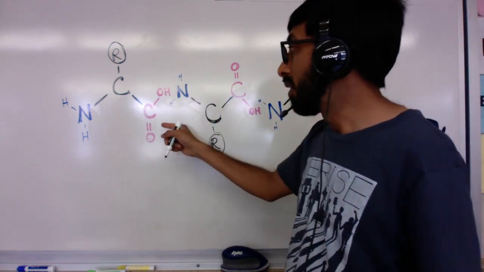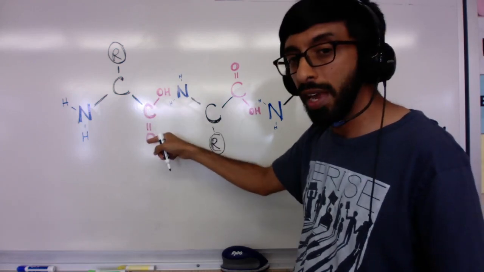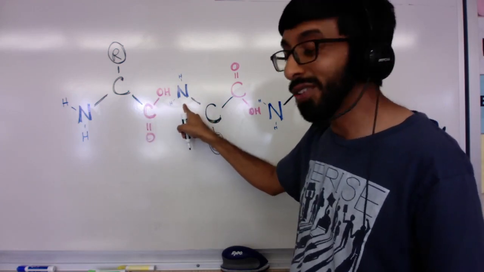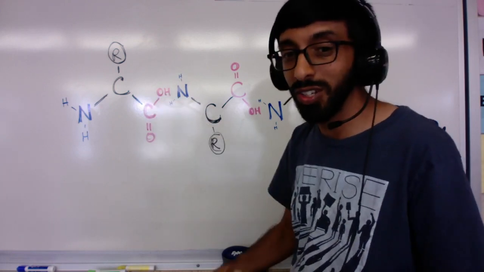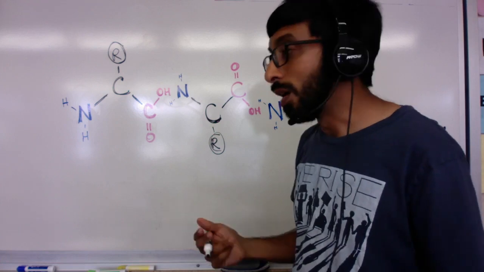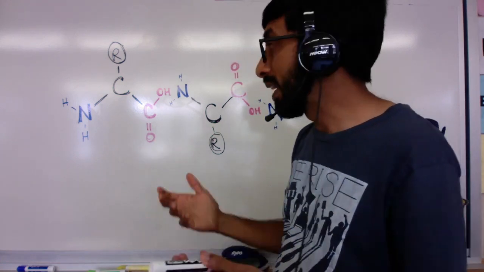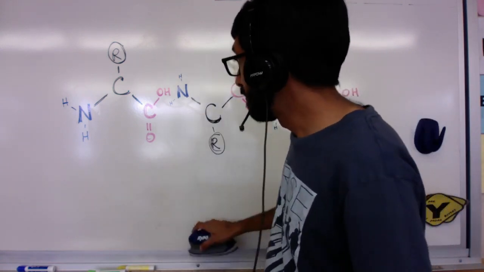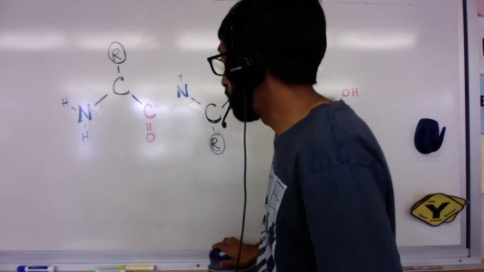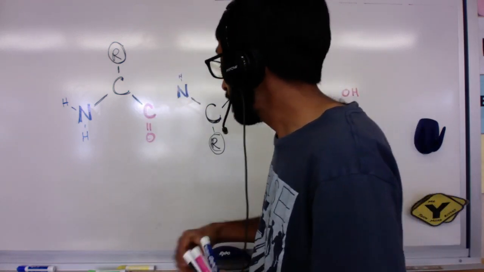If I take the carboxyl end of one amino acid and put it next to the amine group of another one, you can see two hydrogens and an oxygen ready to go. So enzymatically, if you have a structure able to pull this off, here we go. We take the water, remove it, off goes the water. I could draw the water, I'm not going to. And we put in a new bond.